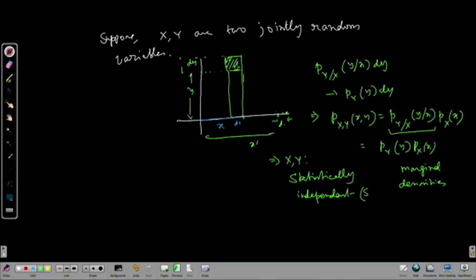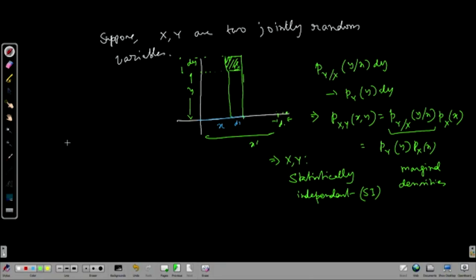I abbreviate it as SI, statistically independent. Then the joint density is a product of marginal densities, or this conditional density has no effect of the condition. So, if the conditioning variable is capital X, that goes, and it becomes just the marginal density of the free variable y. All right.